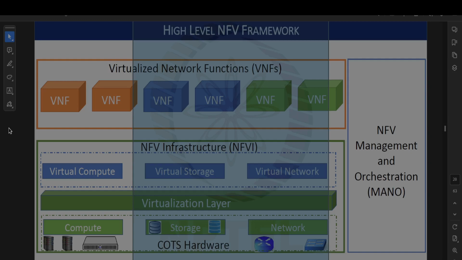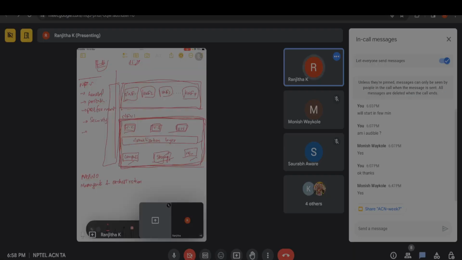So this is the high level architecture, like how the network functions will be laid out. For example, first we have the commodity hardware, that is the storage, CPU and network available with the underlying servers. Then we have the hypervisor, which takes care of virtualizing the entire hardware resource and provides a virtual resource. All three of these together form the NFVI, the network function virtualization infrastructure.